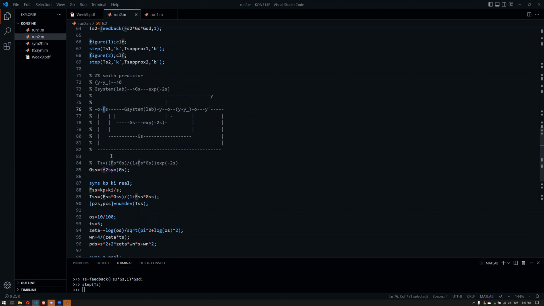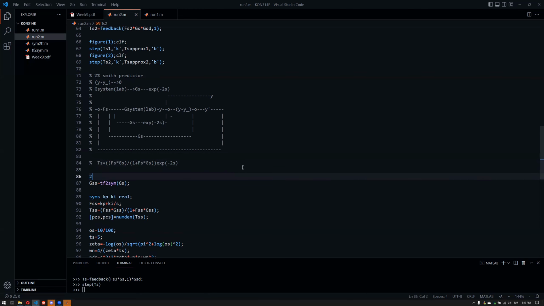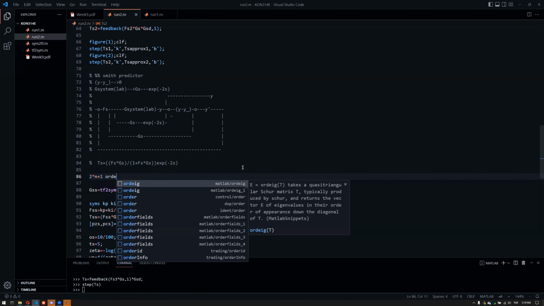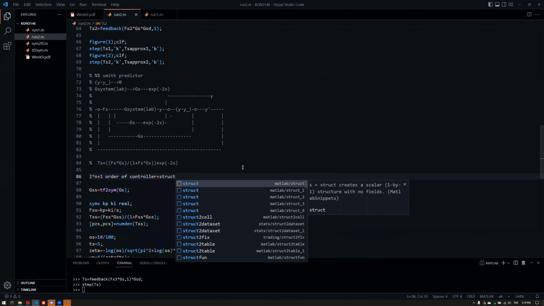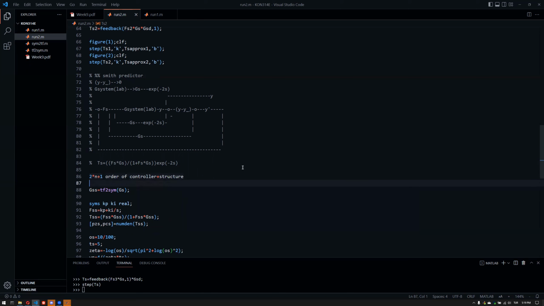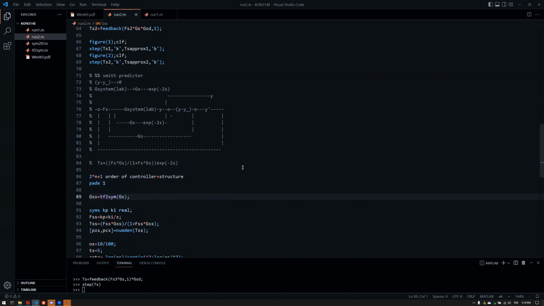And if you use PID, you will have 2n plus 1 in terms of the order of the controller plus structure, whereas you would just have 1 if you have used the Padé approximation method, because you don't have to have this extra transfer function and this one here, which adds more to the complexity.